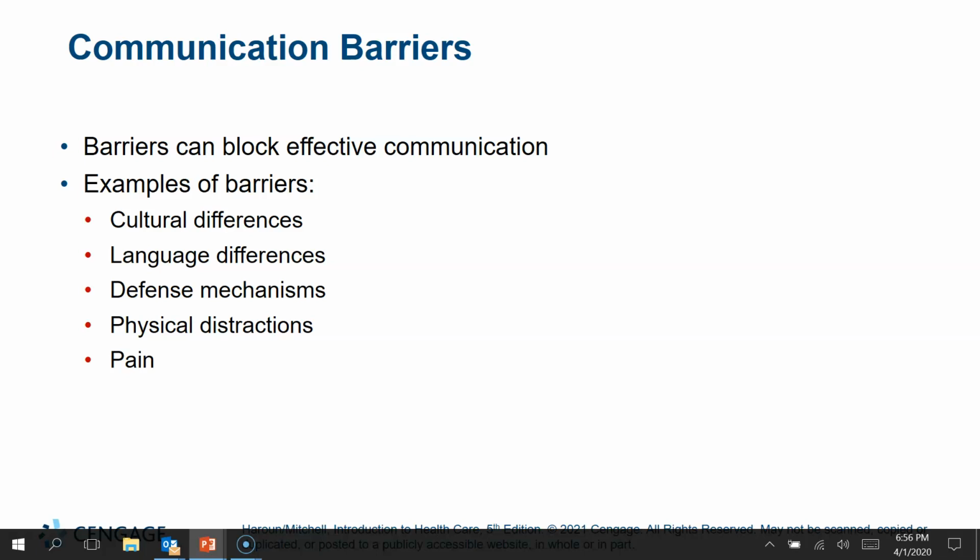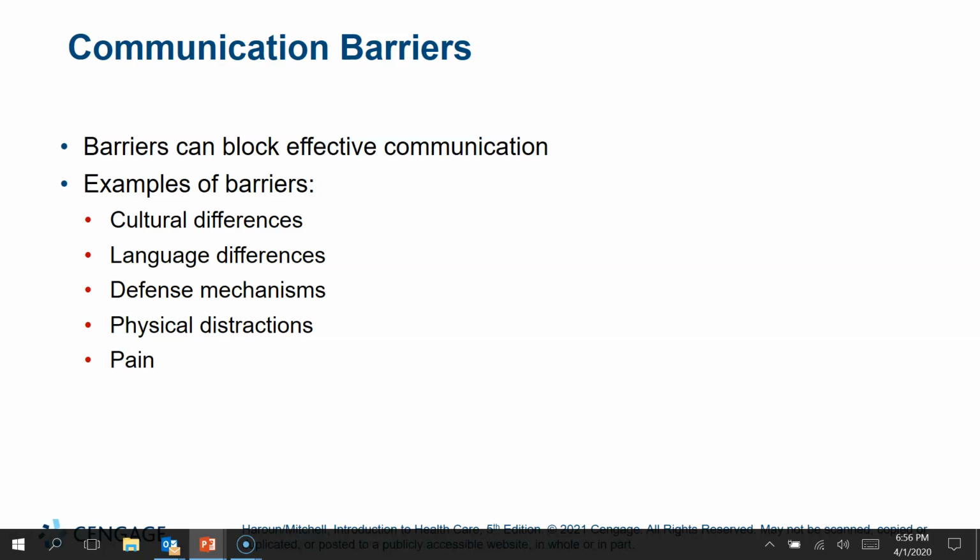And the last two are medication effects and pain. When we think about medication effects, I think of pain medicines. If you've ever had surgery, you take pain medicine and man, you are out. You don't remember a lot of what went on.